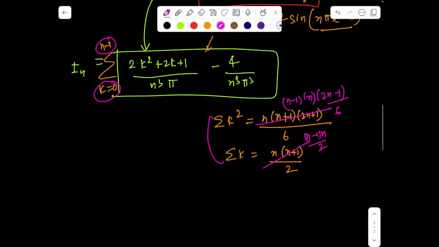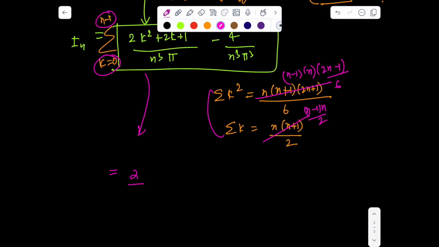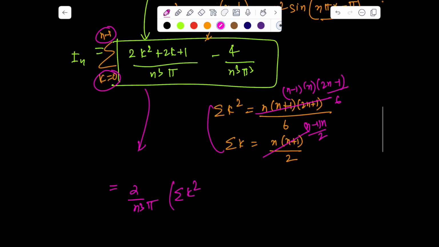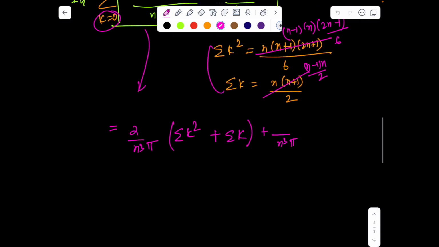So plugging this value over here, now I can distribute it like 2 times 2 by n cube pi sigma k square plus sigma k, and plus 1 by n cube pi, how many times? We have n minus 1 times.